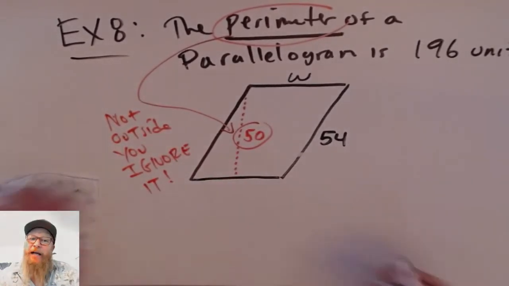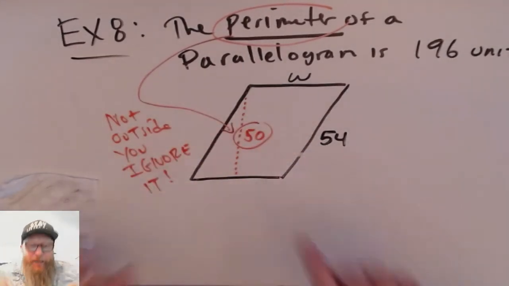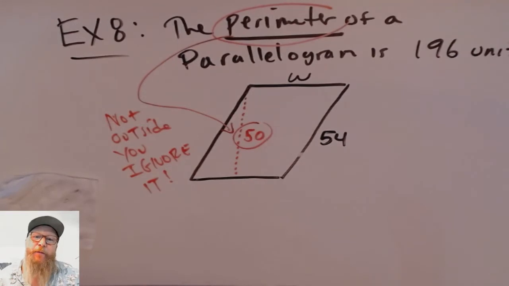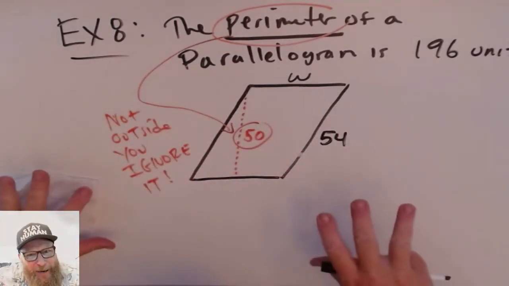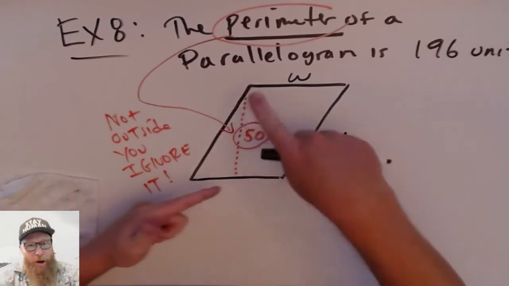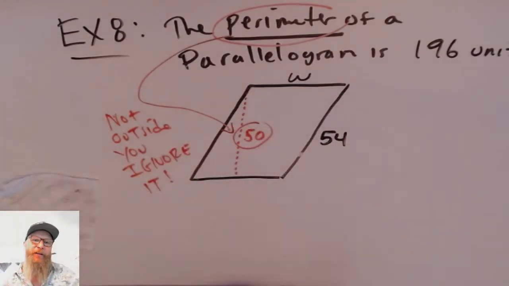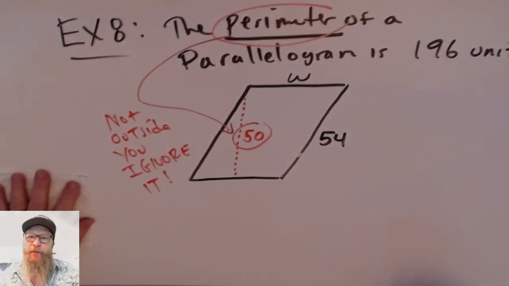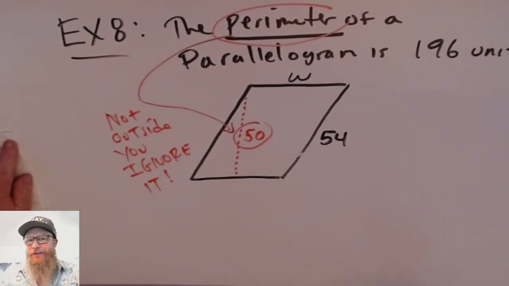If we were talking about area, which is the inside, then the 50 would become important. But we're not talking about area today. We're talking about perimeter. I use the same exact diagram when we talk about area, because I want to use the same picture when we eventually get to area. It'll be a little while till we get to that. I guess we have talked about area a little bit, just not in this context.